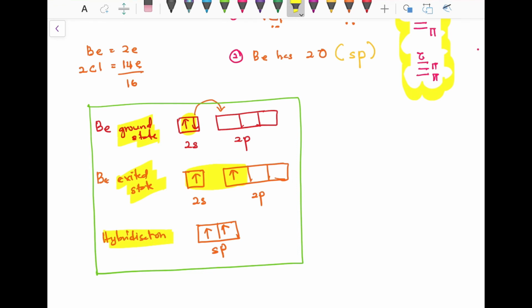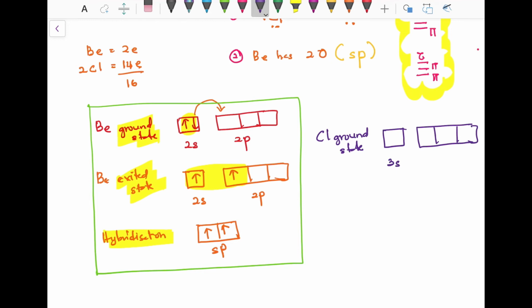What about the terminal atom? In this case, our terminal atom is chlorine. Chlorine is group 17 that has 7 valence electrons, and it comes from period 3. So chlorine ground state. Chlorine does not need to be excited. We only focus on the central atom or any central atom with a multiple bond.